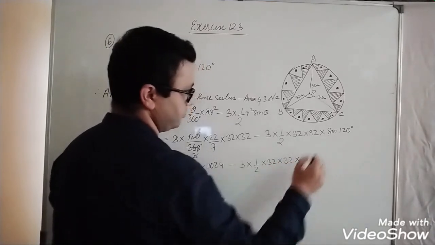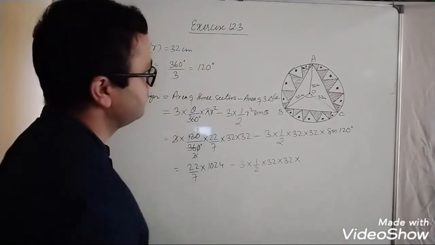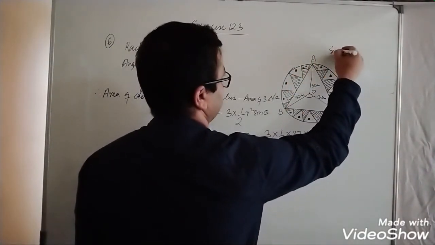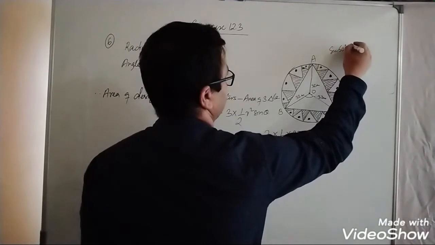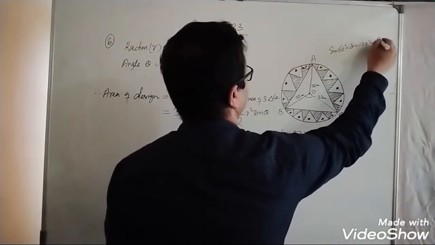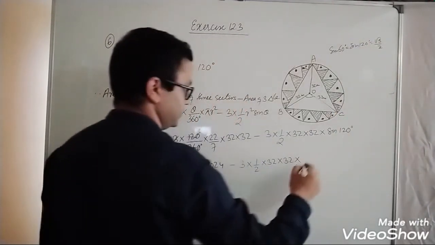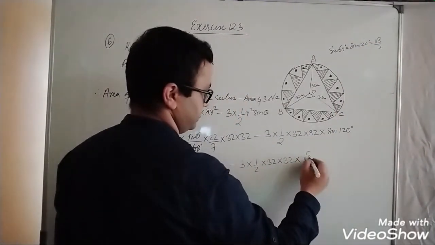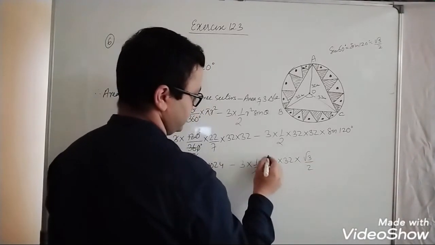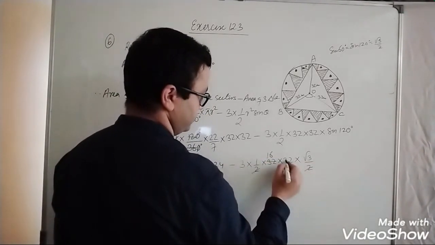Now what is the value of sine 120? I already told you that sine 60 degree equals sine 120 degree equals root 3 by 2. So this equals root 3 by 2. Now again we can cancel 2 and 16.